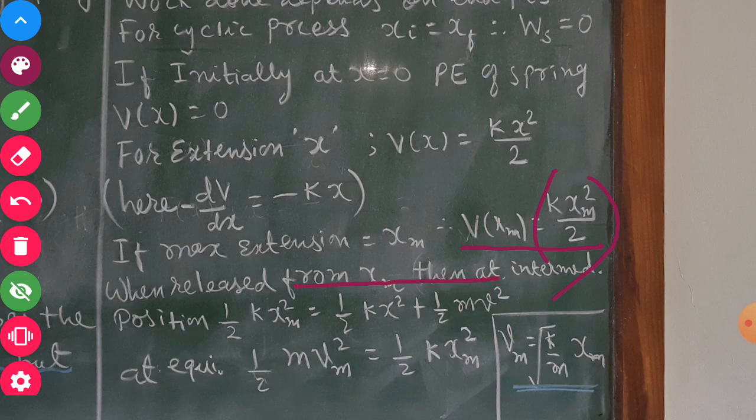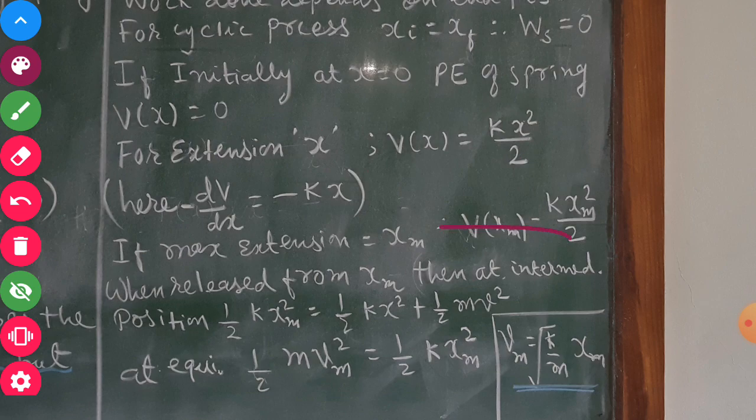And when it is released from this xm, then what will happen? When the spring is stretched and it is released from this point, it will try to come to its original position and it will come in motion. So at that intermediate point, when it is moving in the left hand direction, it will have potential energy as well as kinetic energy.